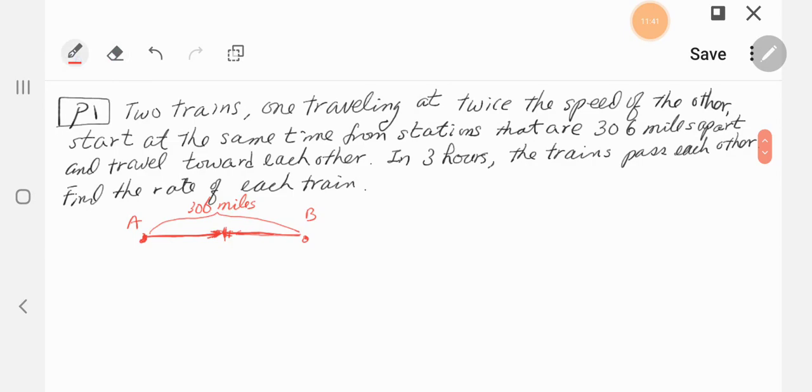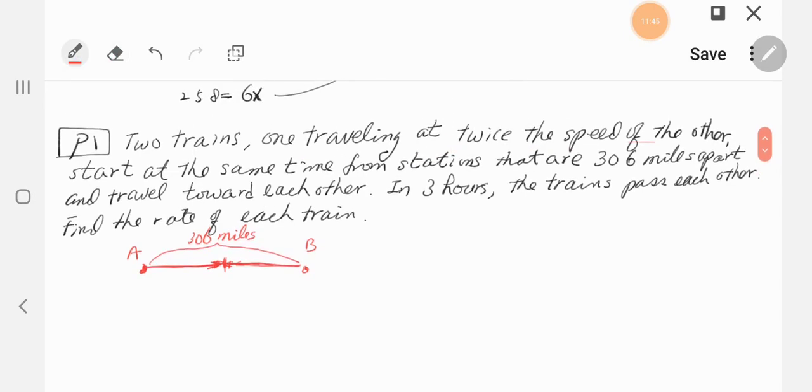Okay, one traveling at twice the speed of the other. So let's say the speed of the other is x miles per hour. A is traveling twice the speed of the second car, the car B. So let's say the speed of car B is x miles per hour.